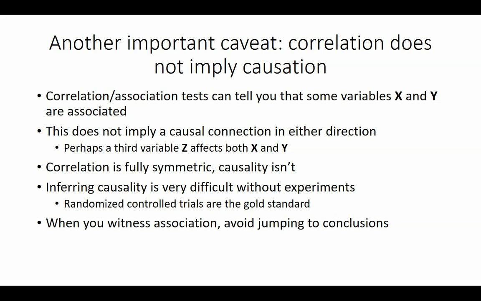So the classic way to actually interrogate that is to run experiments. So we need to actually try to change one variable and then see if that actually influences the other one. And the gold standard when it comes to those kind of experiments is, of course, what is called a randomized controlled trial, or RCT for short, which is commonly used in medical practice.